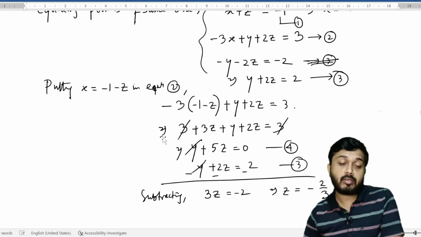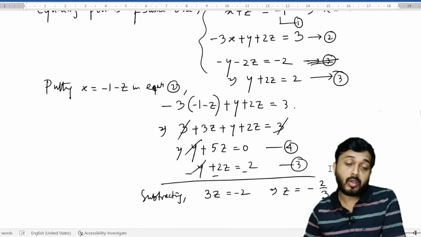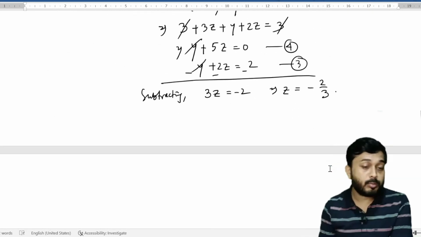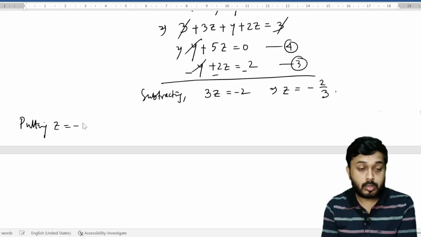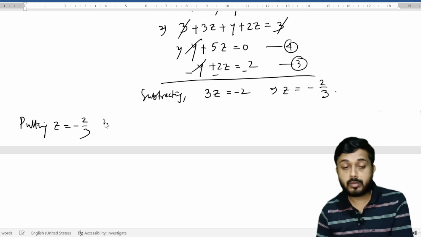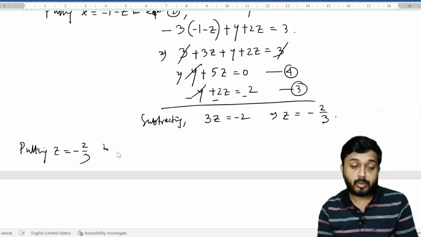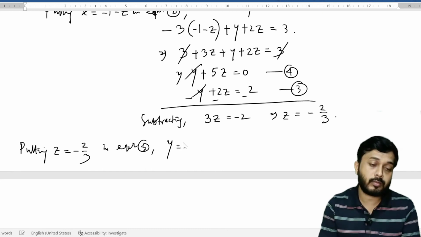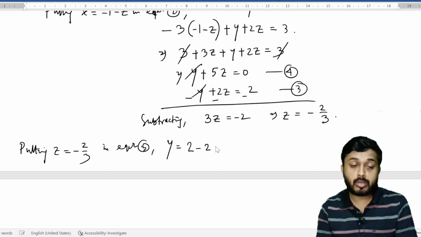Now if we put this value of z in any one of 3 or 4, then you can get the value of y also. Now putting z equal to minus 2 by 3, in which equation you want to put, say in equation number 3 I'm putting. In equation number 3 we find the value of y as 2 minus 2 into z.